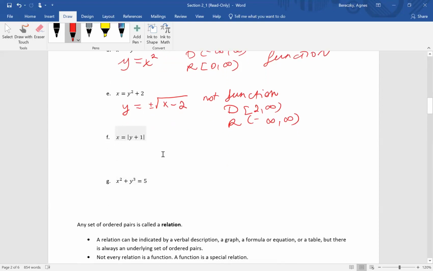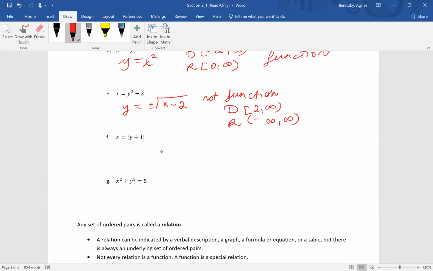The next example is an absolute value function, an absolute value relation, which means if I have x, we can have more than one y inside. We learned how to graph absolute value, which is always positive.